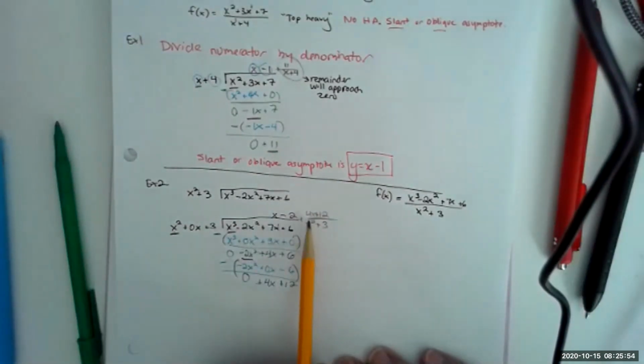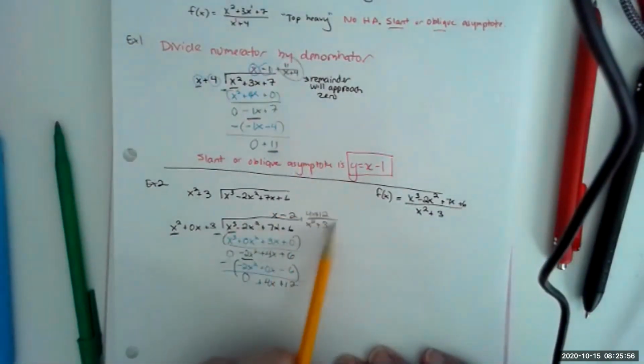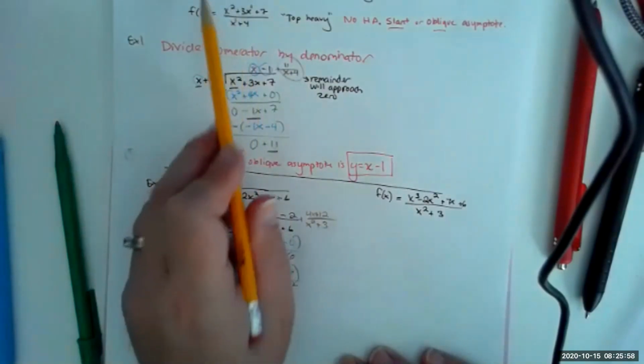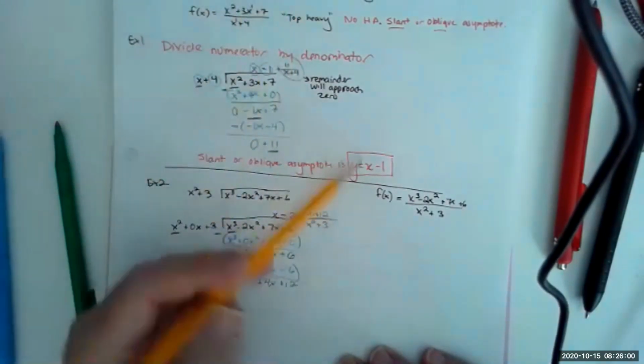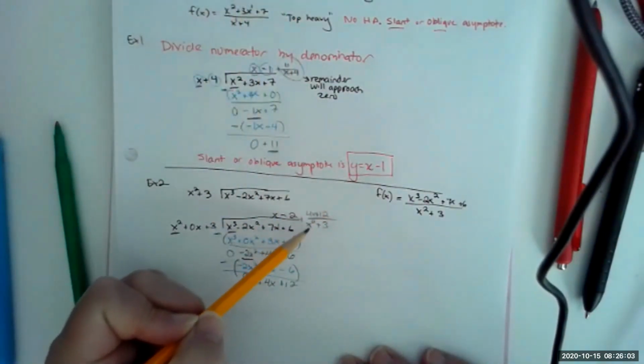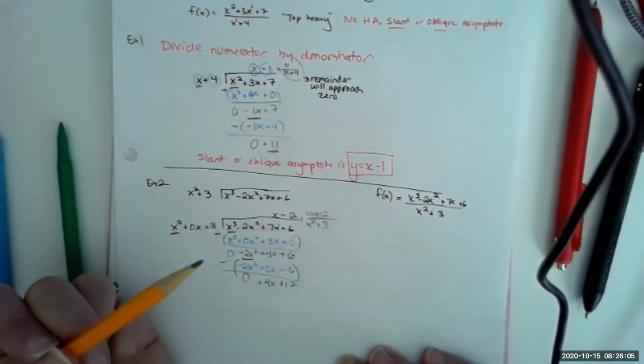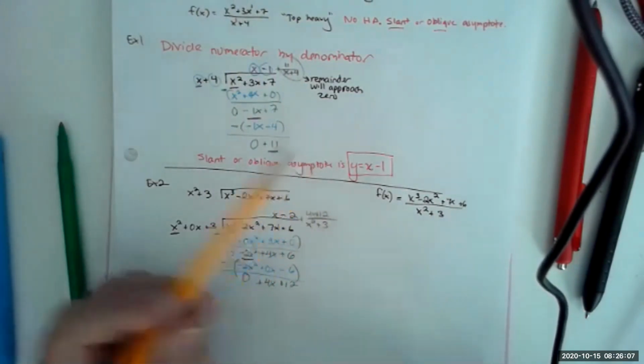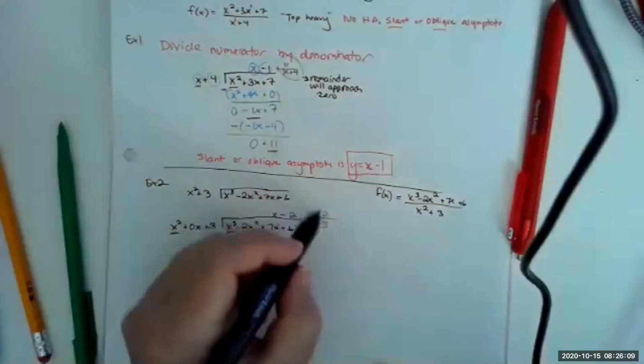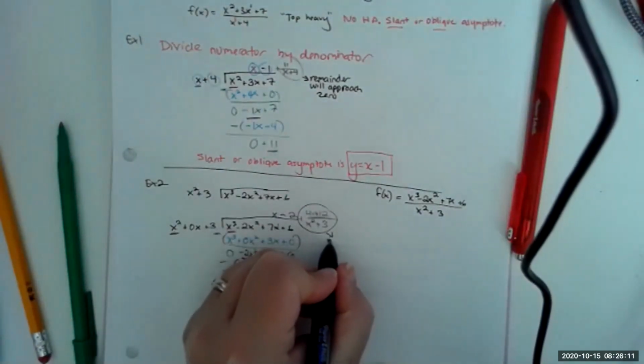Again, we think about it like we did here. This remainder is going to get closer to 0, just like our bottom heavy horizontal asymptote. As x values get extremely large and extremely small, this whole expression is going to be less and less relevant. It's going to approach 0. So I'm just going to write that here.